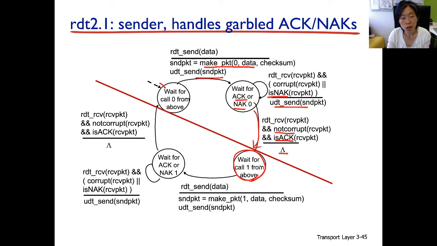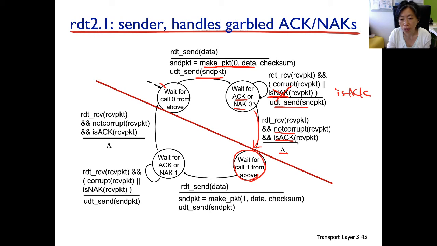But the thing in 2.2 is this. Well, there's no such thing as a negative acknowledgement packet. In fact, both positive and negative acknowledgements are just ACKs carrying different sequence numbers. So this will also be an is ACK check. Okay? But the difference is going to be the sequence number they are expecting being different.